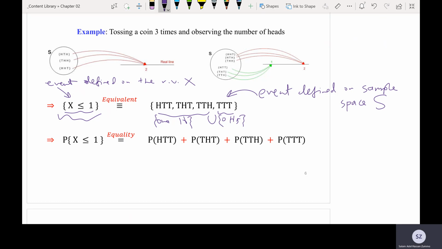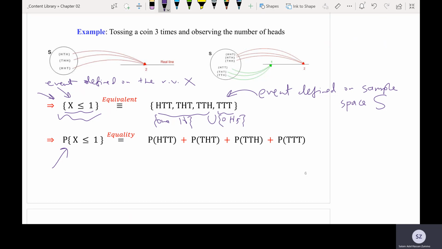If I want to find the event defined on a certain random variable, I need to go back to the elements of the sample space that correspond to this event. Now, once I have an event, I can find its probability using the axioms of probability, right?